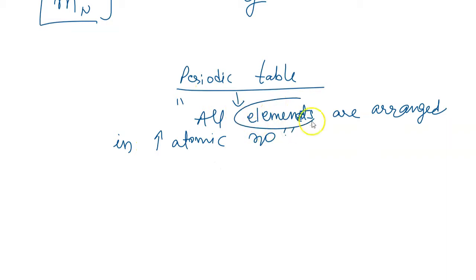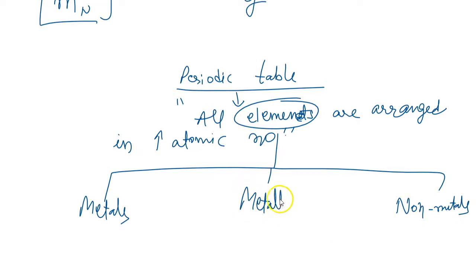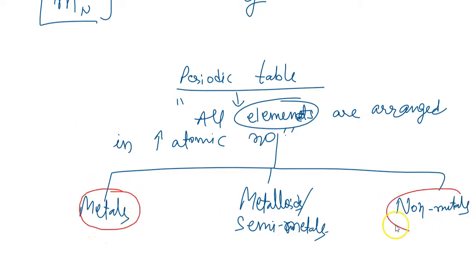All the elements can be classified either under metals, non-metals, or metalloids, which we call semi-metals. You must already be aware of the properties of metals and non-metals.